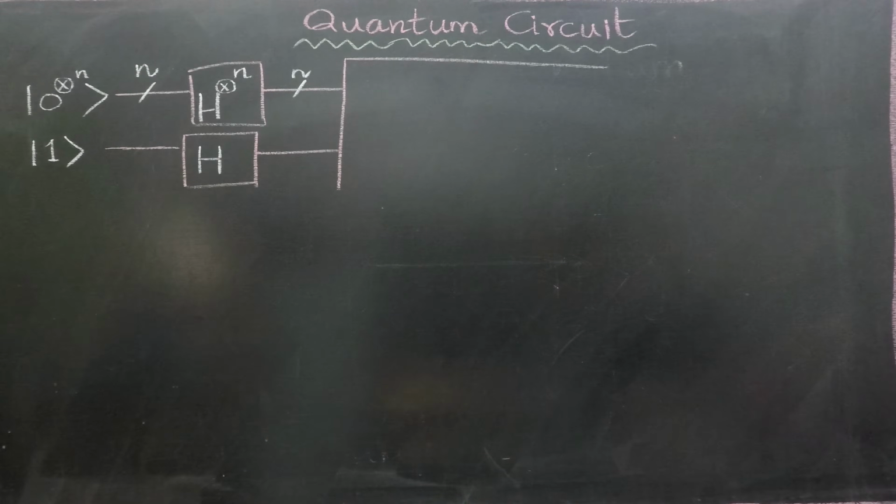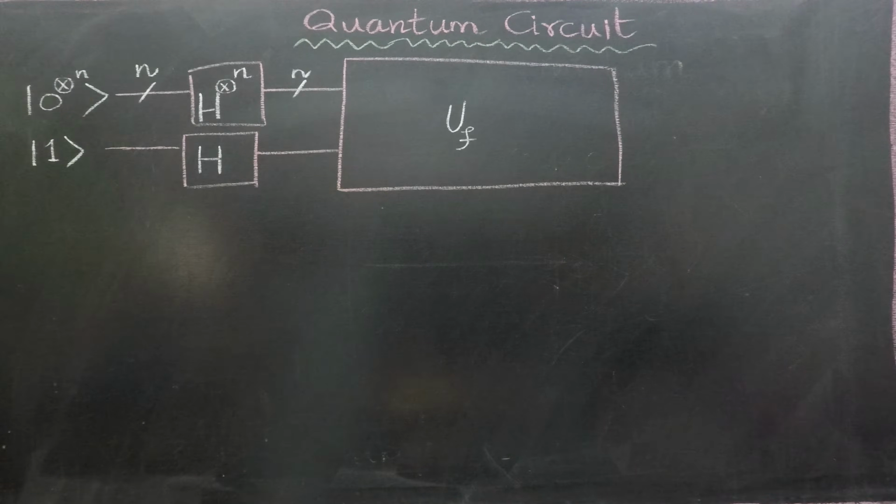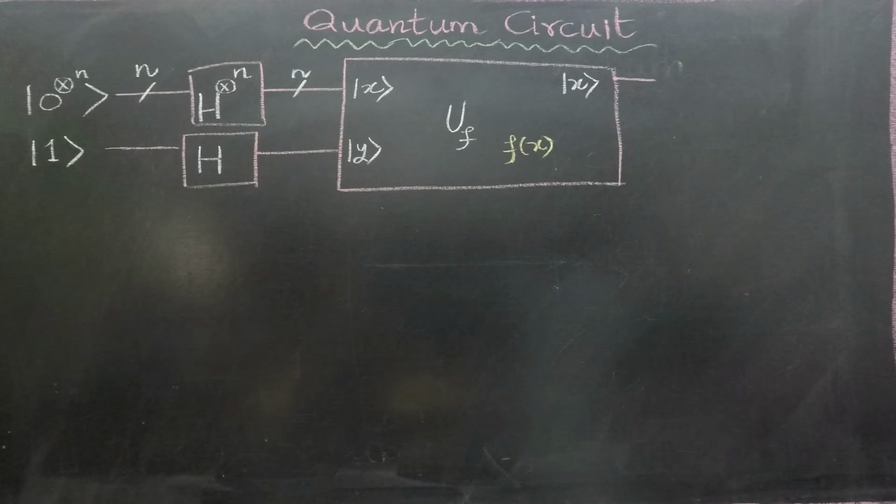The superposition of all the inputs and ket minus is then passed to the UF gate. Recall, if the input to the UF gate is ket x and ket y, its output will be ket x and ket f of x XORed with y.